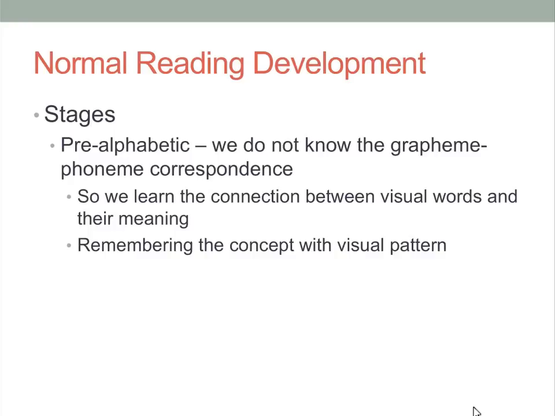And we remember concepts as visual patterns rather than the phoneme sounded-out rules, because we're not quite there yet. At this point, we're really learning what are words and their meaning, or even what are the letters and their meanings.